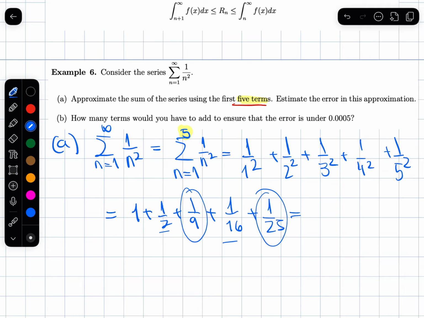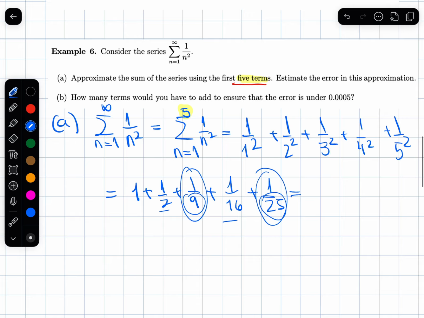So the 2 and the 16 are not a problem. There are 2 3s here and 2 5s. So I think I got to do 25 times 9 times 16. And that's going to be 3,600. That's what I think. There's no 5. I think that's right. So this guy got to multiply by 3,600.